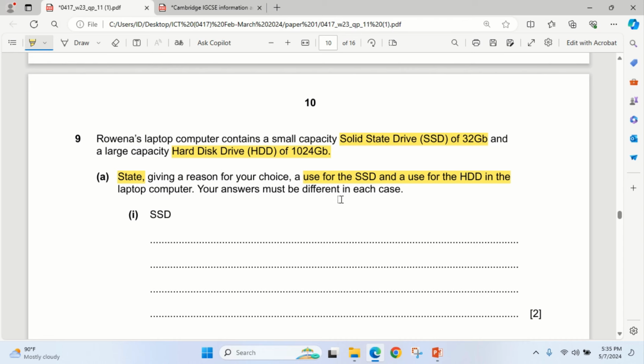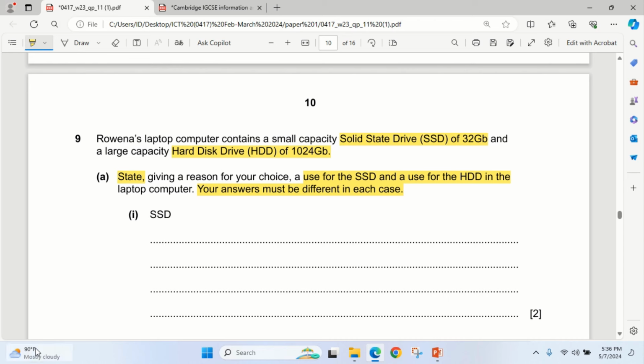Your answers must be different in each case. So that means for SSD, you are going to explain the use and give a reason for that, and for HDD you say the use and give a reason for that. So you can just write that and you get it.